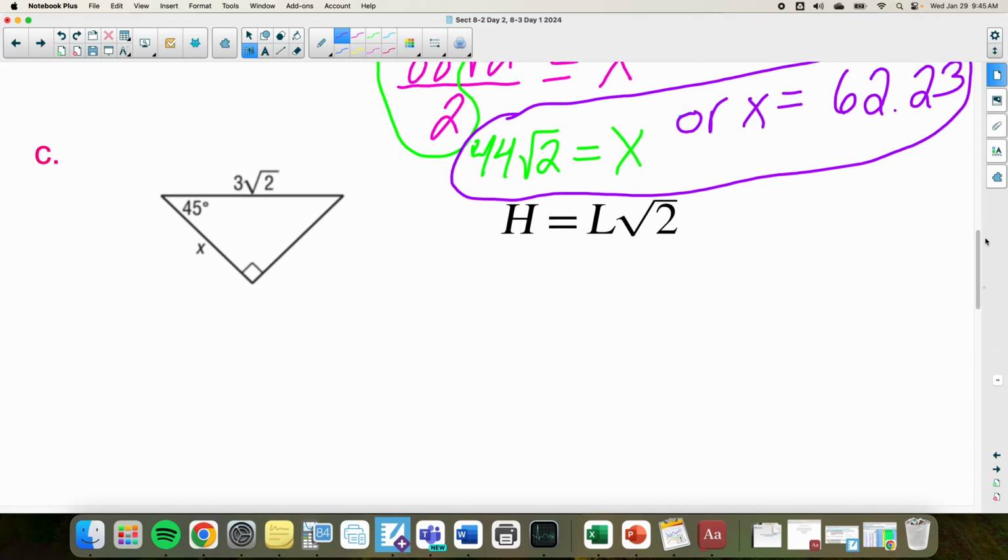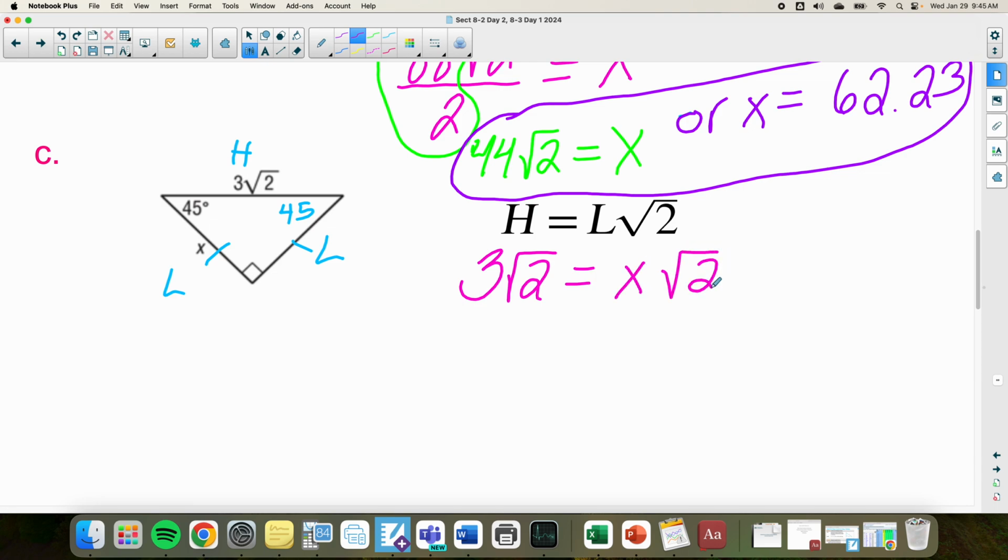Now if we look at C, again, if that's 45, this is 45. These are each L's, and this is my hypotenuse, okay? So if I go to my formula, my H I know to be 3 root 2. L is what I'm looking for, that's X, okay?